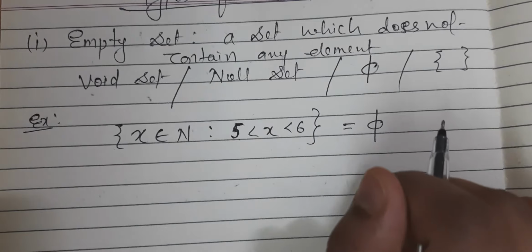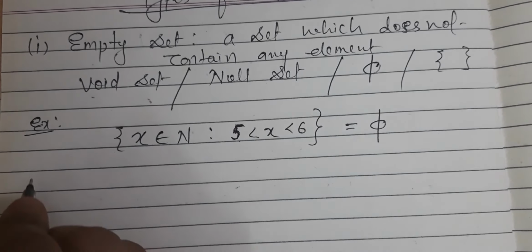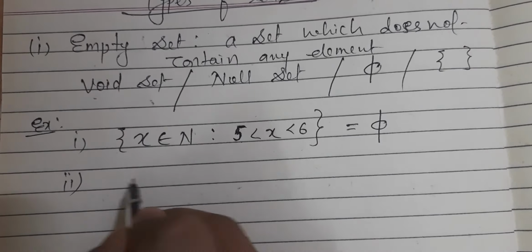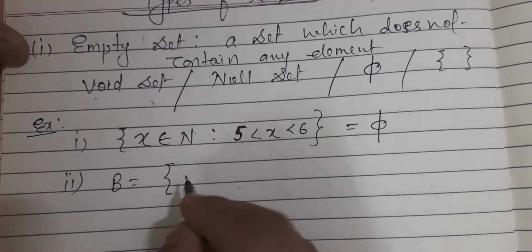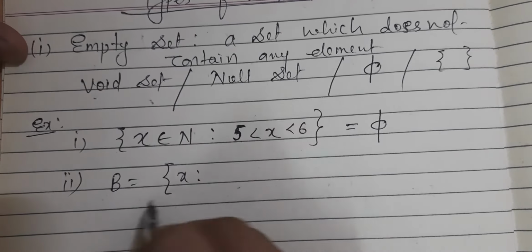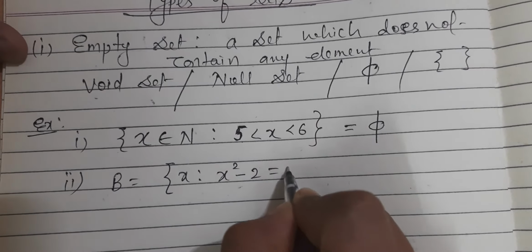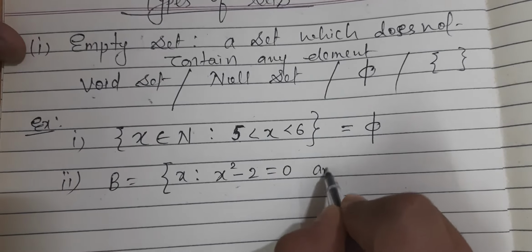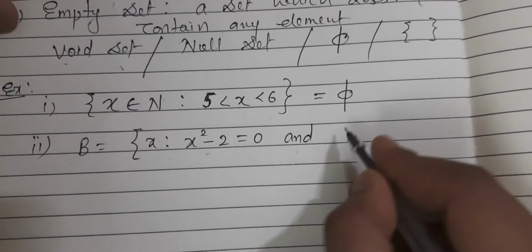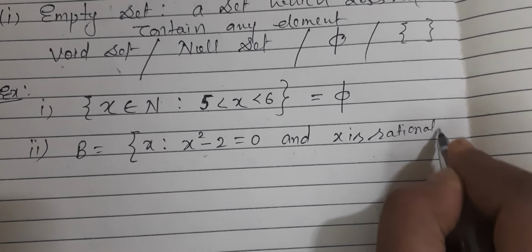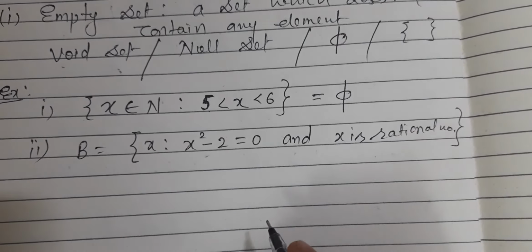Okay, now next example. If B is a set of all x, such that x square minus 2 equals to 0 and x is a rational number. You can make so many examples.